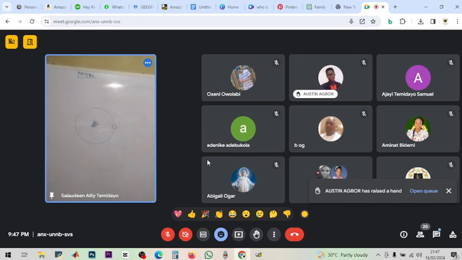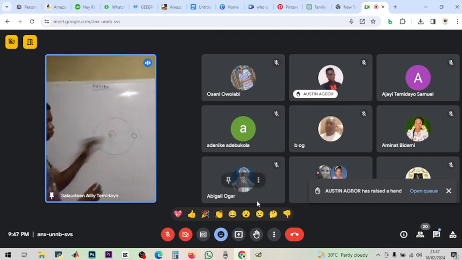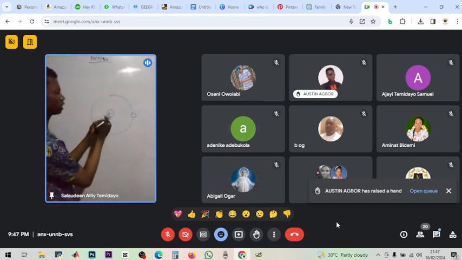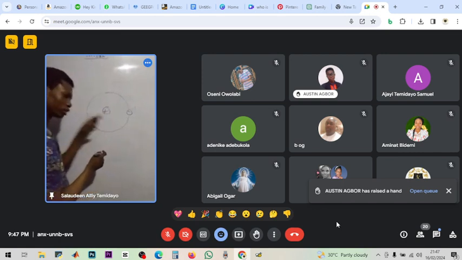I believe I've explained it. I said this is a positive charge placed at the middle here, and this is a negative charge. The positive charge is here, stable or standby.